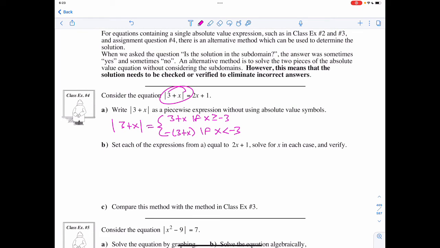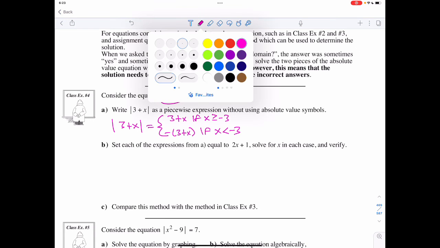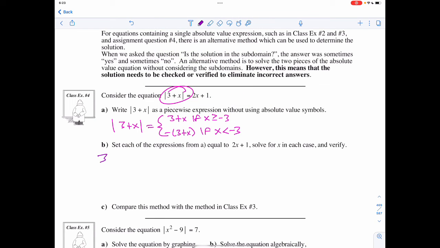I'm going to set each of the expressions equal to 2x plus 1, and I'm going to verify the possibilities. If I take the positive version, 3 plus x is equal to 2x plus 1. 2 is equal to x. So if x is equal to 2, then I can sub it back into my original form.